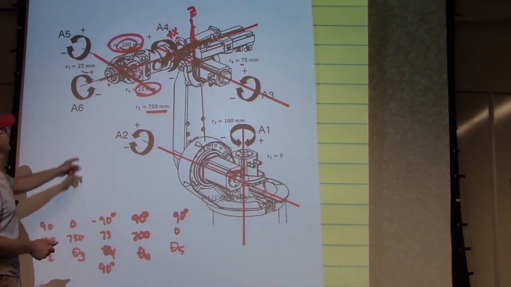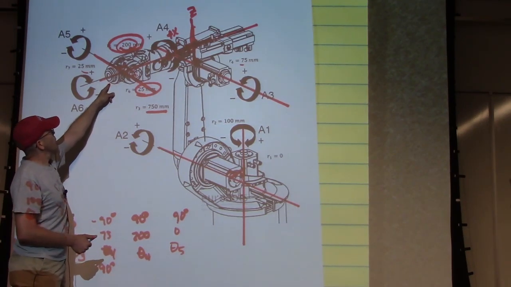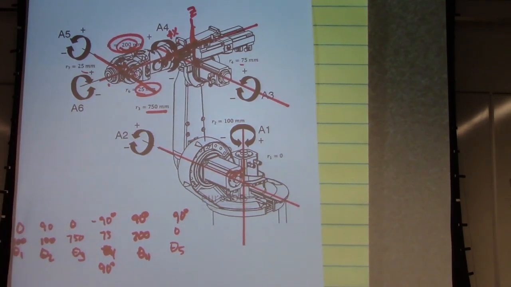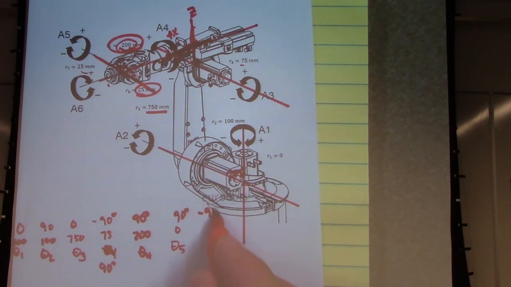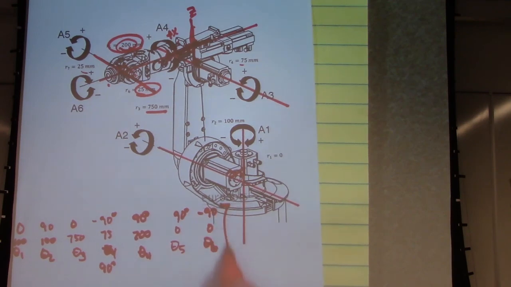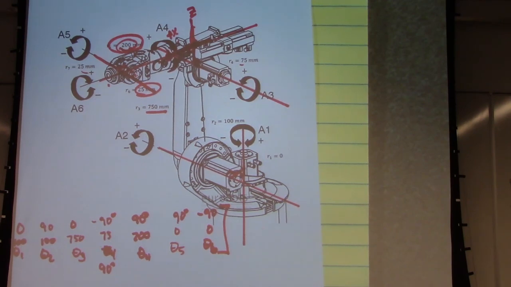Wait a second, no we wouldn't, because this is on the same axis as our previous Z, so we just have to go through and rotate it negative 90 degrees with an offset of 0. And then we're done. And that would be the parameters that we would use for this particular robot.